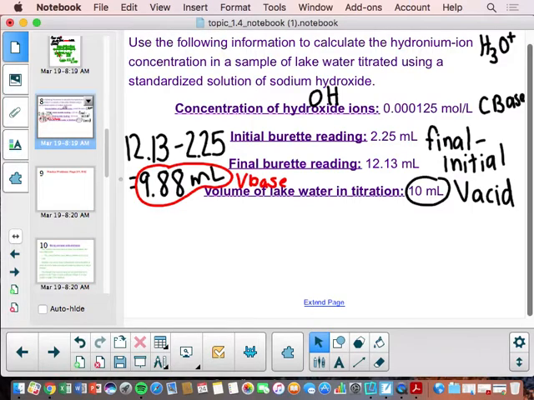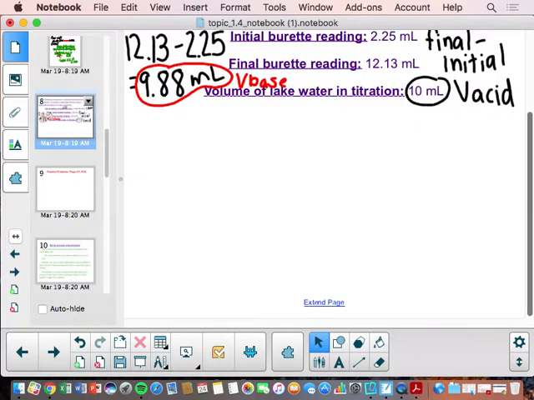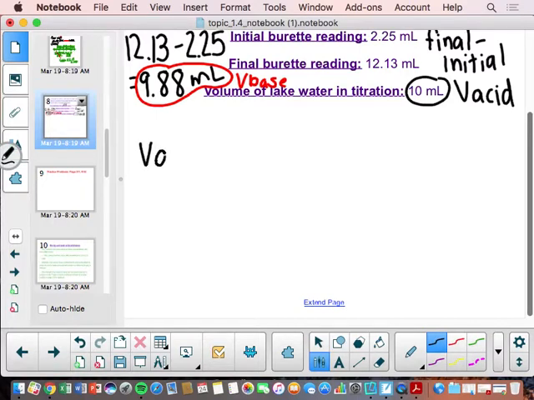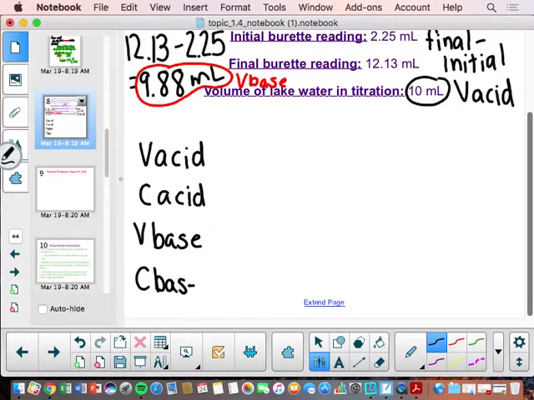All right? I'm going to write all this out on the bottom here. Sort it out. So we got V acid, C acid, V base, C base. Okay, so I'm just going to write down what I've got from the top.